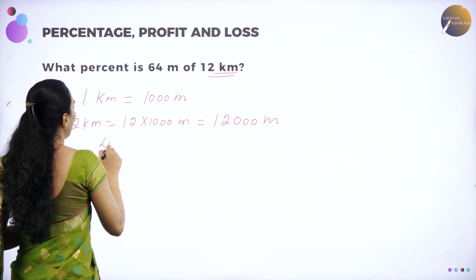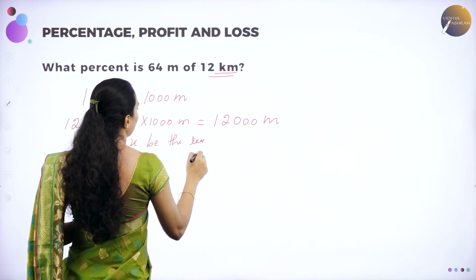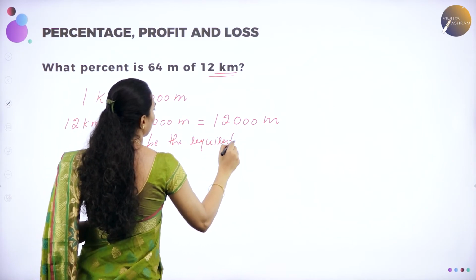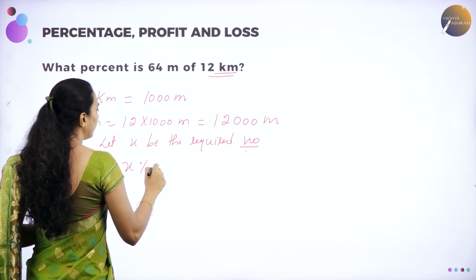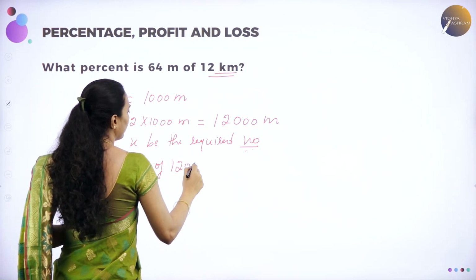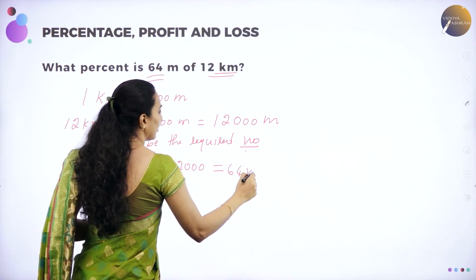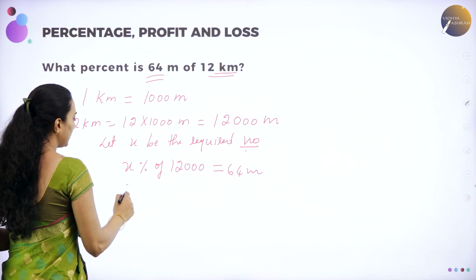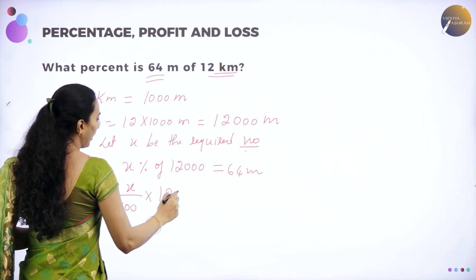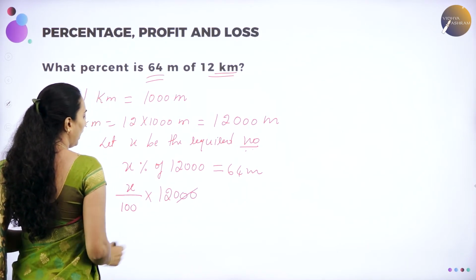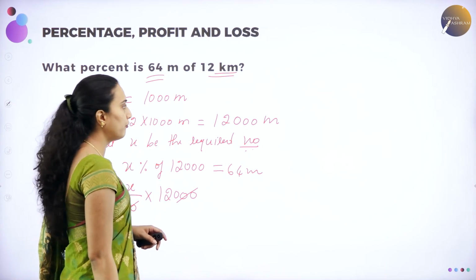Now, what percentage is 64 meter of 12 kilometer? Therefore, let X be the required percentage. So, X percentage of 12,000 meter is equal to what they have given, 64 meter. Correct? Now X percentage is X divided by 100 into 12,000, so you get X into 120 is equal to 64 meter.